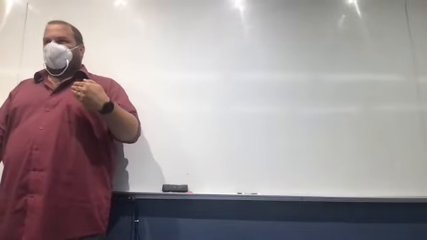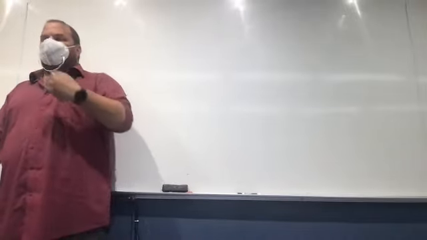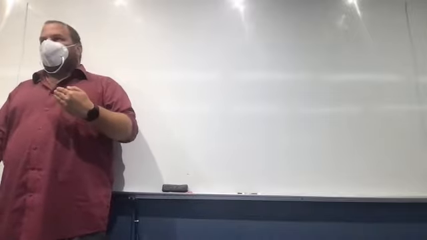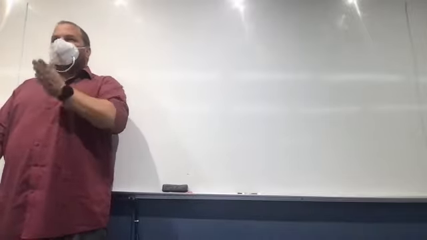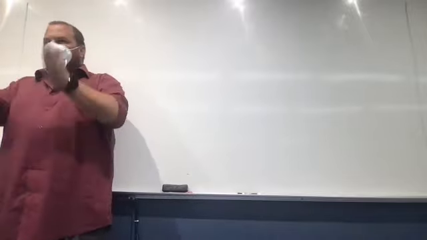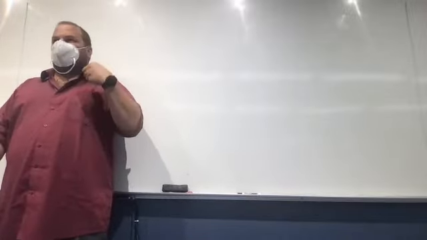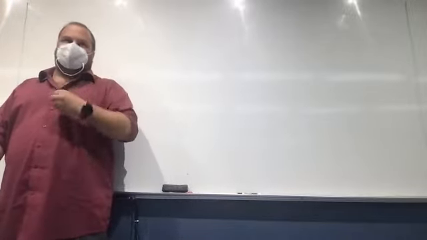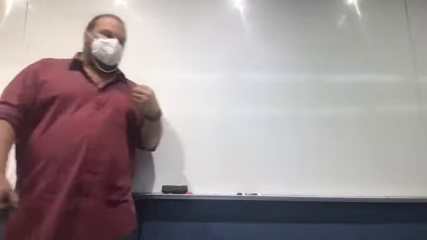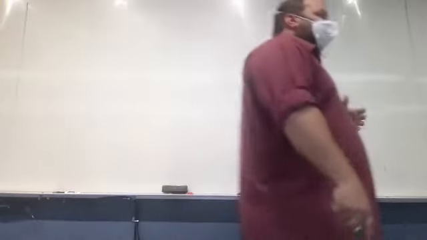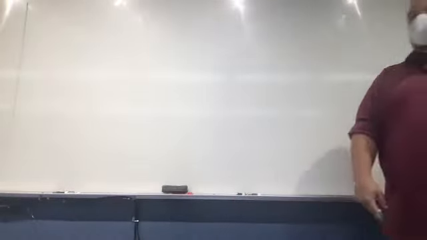What do I have now? 50.5. What does that mean? 50.5, halfway between the 50th and 51st data points. So the n plus 1 over 2 approach always works for even or odd. So if I give you a certain number of data points and I say, which one's the median? Easiest way of getting the answer.